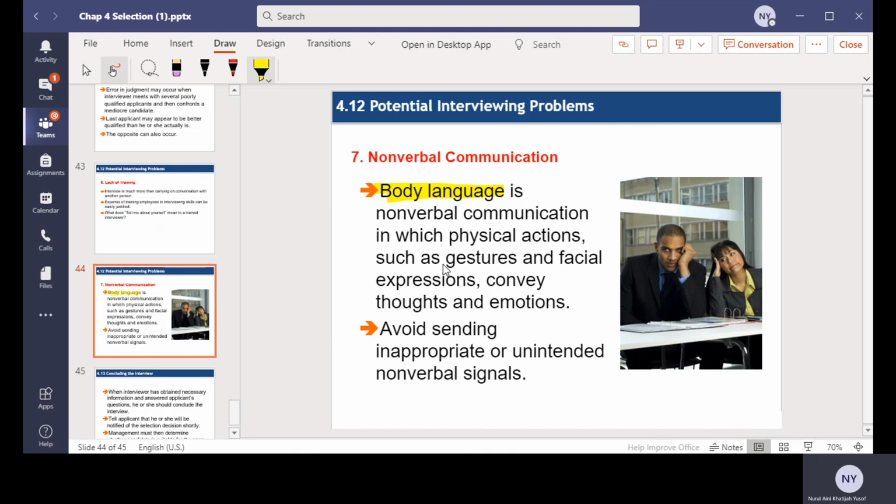So sometimes the facial expression of the interviewer might affect how the interviewee, or how the candidates, answer the question. So for example, let's say the manager asks, can you tell me your previous working experience? What have you done before this?